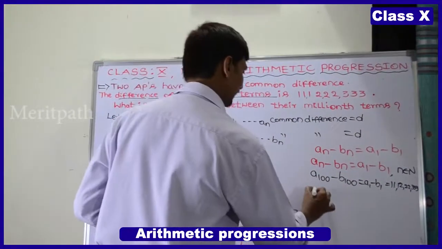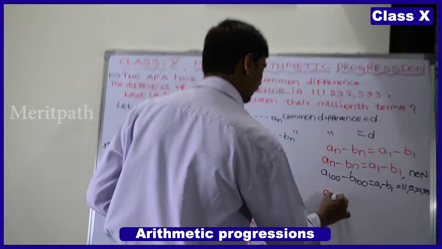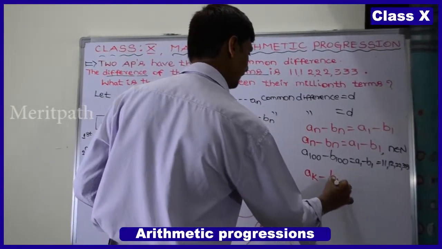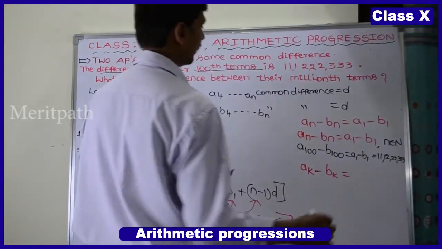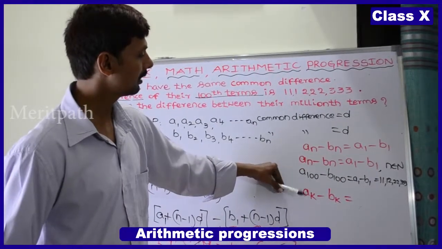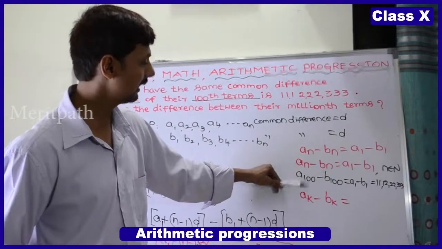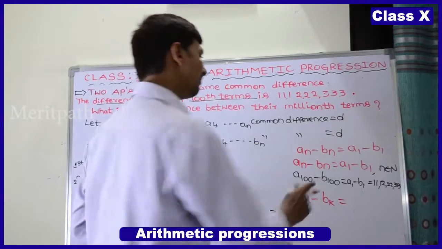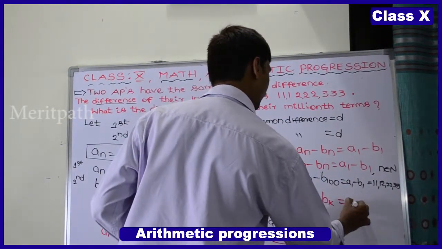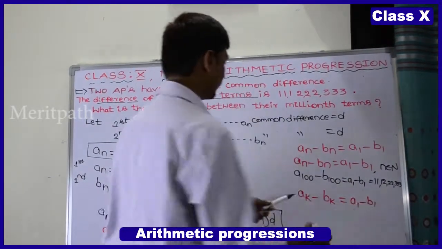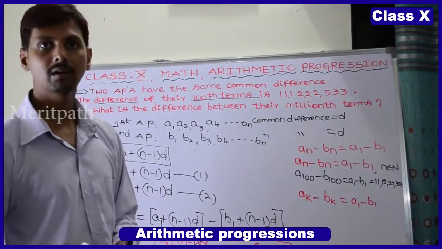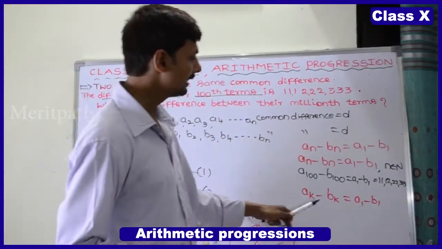Similarly, if we take in the place of 100 a constant number k, ak minus bk, we will be getting the same answer of a1 minus b1, because k is also any positive number, that is, any natural number.